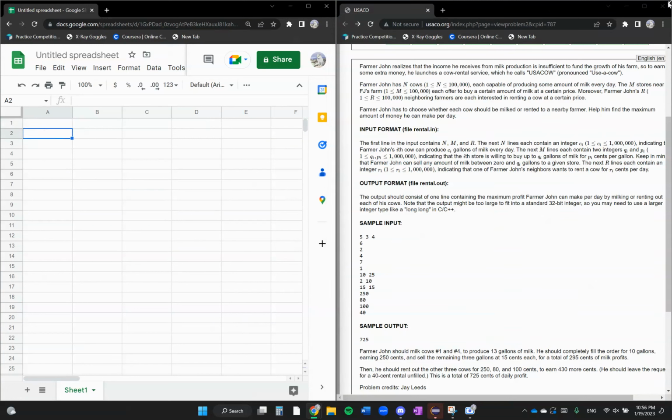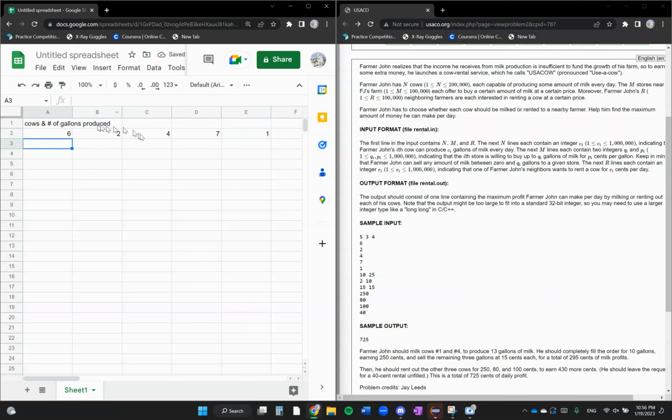Let's see. So there's cow 6, there's a cow that produces 2 gallons of milk, a cow that produces 4 gallons, a cow that produces 7 gallons, and a cow that produces 1 gallon. So this is the cows, and their number of gallons produced.